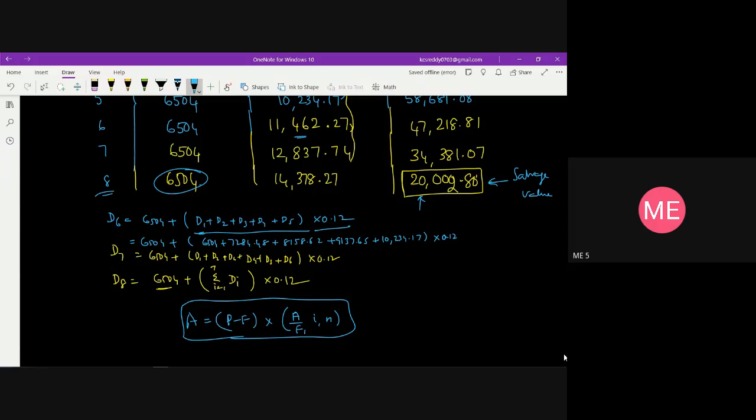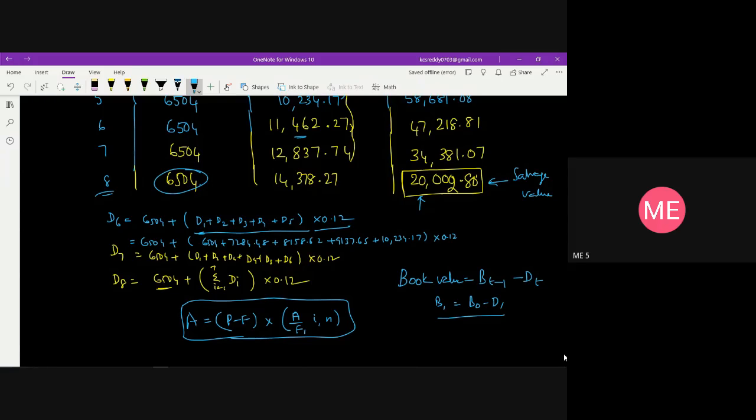Likewise, we calculate the depreciation at the end of every year. Then the book value equation is Bt equals Bt minus 1 minus Dt, that is B1 is B0 minus D1. Likewise, we need to calculate for all the years of the service life of the asset.